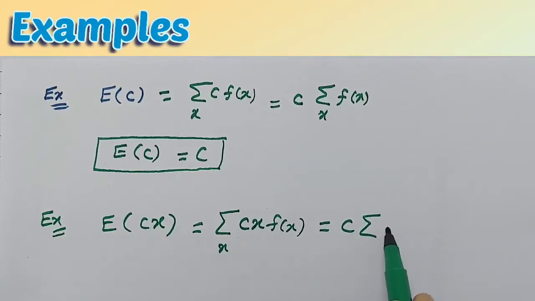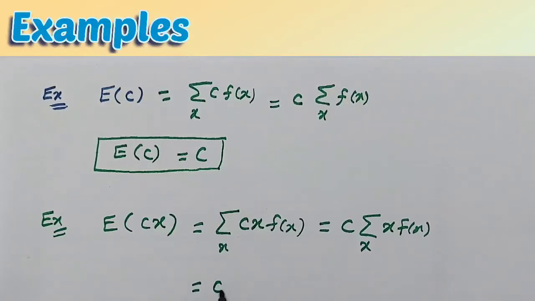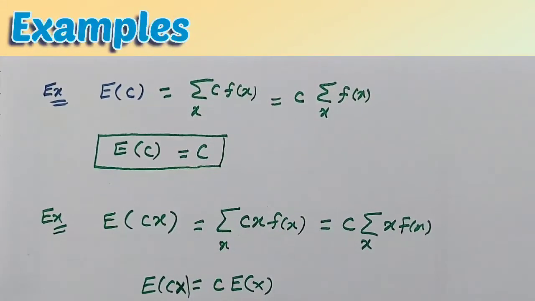The remaining is summation x f of x, again summation over x, and this is nothing but expectation of x. So we can write it as c times expectation of x. So if we take the expectation of c into x, then we get c times expectation of x.